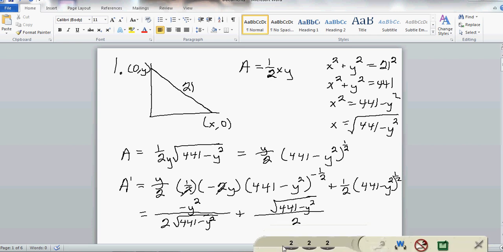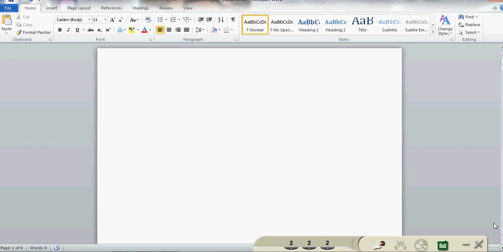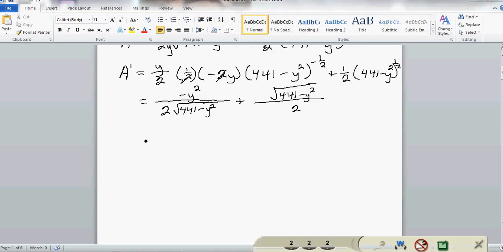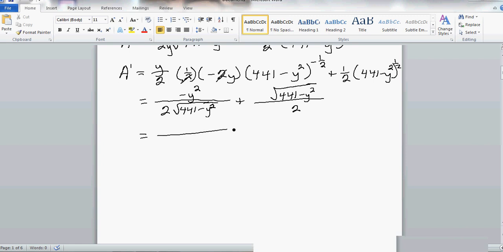So now we look at the common denominator. The common denominator will be 2 times the square root of 441 minus y squared. So when I do that, this is what I get: 2 square root of 441 minus y squared.